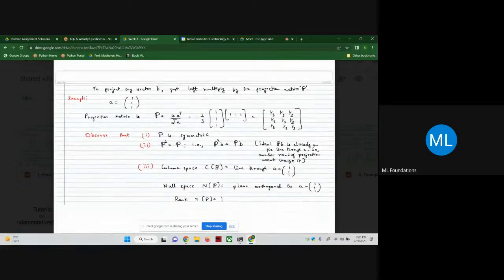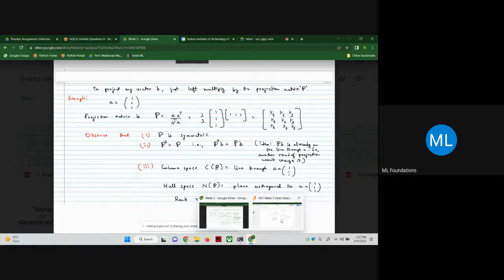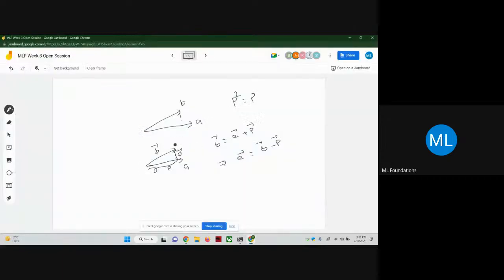Okay, so I was talking, we were discussing why this P squared equals P, right? When we do PB, that is the projection matrix multiplied by B, PB will be equal to this part.